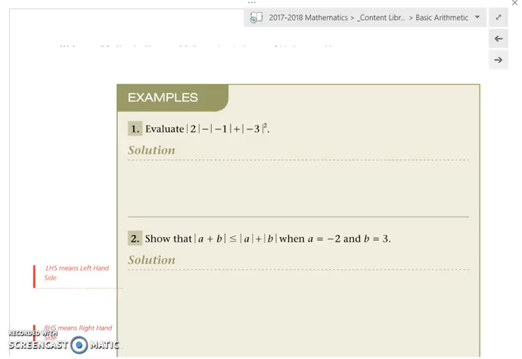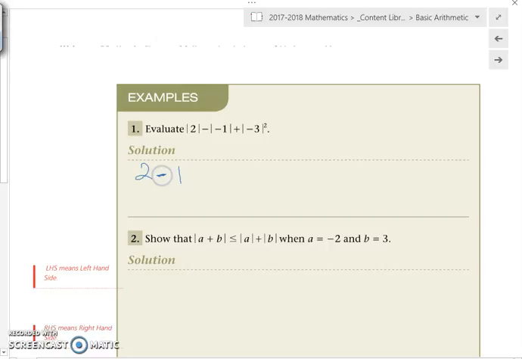So the question is, what would you do first on this? Do the absolute values first. Treat these kind of like grouping symbols: if there was stuff to do inside them, do it first, but then do the absolute value. So what's the absolute value of 2? 2. Minus, the absolute value of 1? 1.